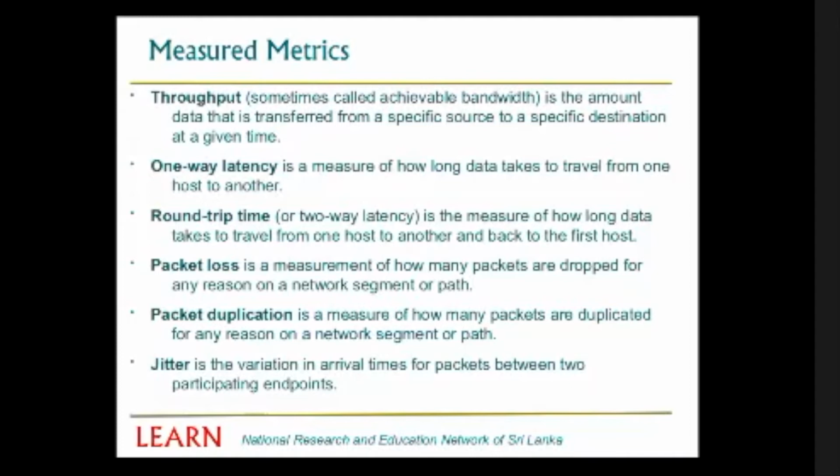So in such cases, packet duplication happens. The other one is jitter. Jitter is the variation in arrival time of packets between two endpoints. Think we send a packet from A to B. It takes around 10 milliseconds. When we send again, it takes around 2 milliseconds. So there's a difference between arrival times. That is the jitter.